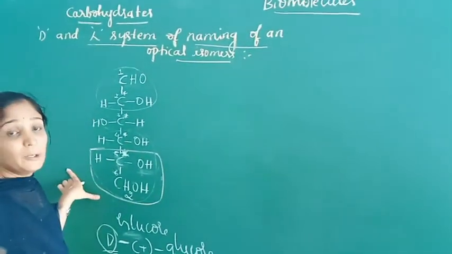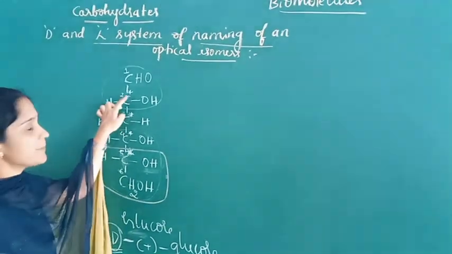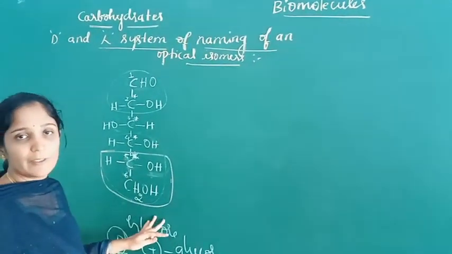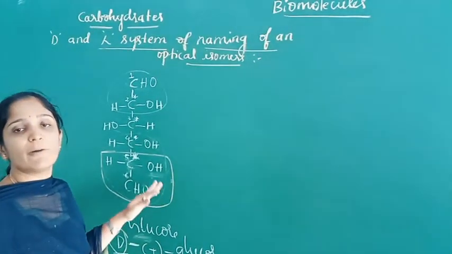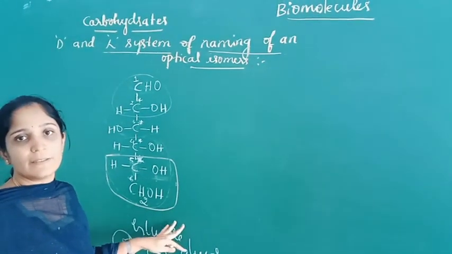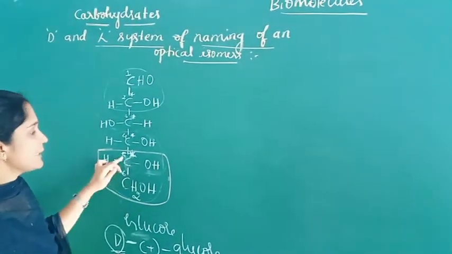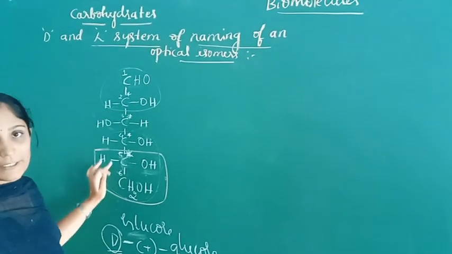By knowing the number of asymmetric carbon atoms present in a molecule, we can calculate the number of optical isomers possible. In glucose, it contains 4 asymmetric carbon atoms.